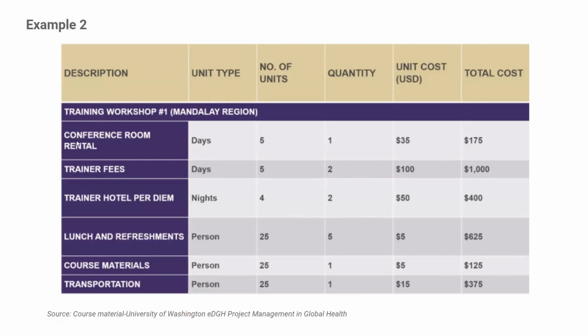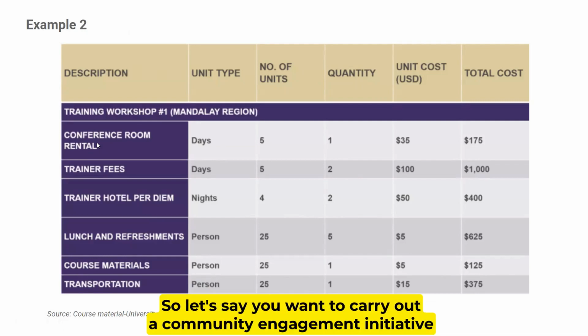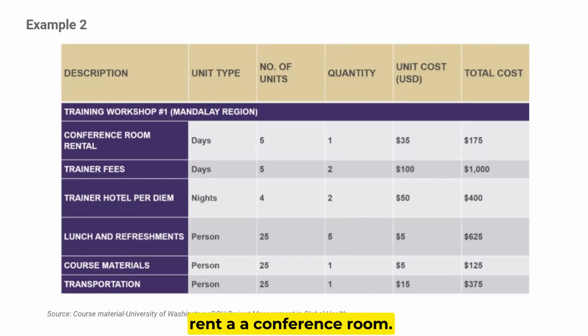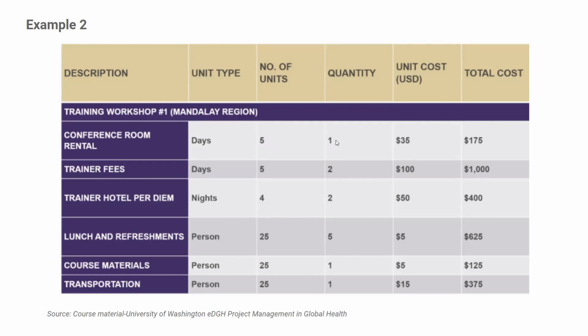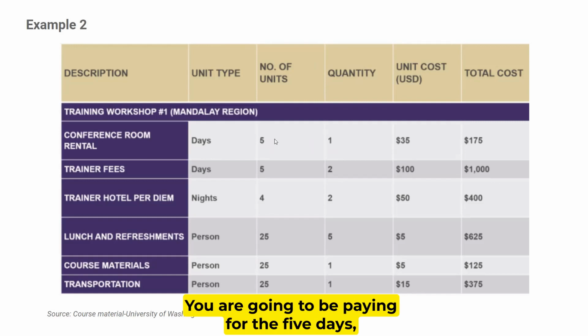So conference room rental. So let's say you want to carry out a community engagement initiative and you want to rent a conference room. So the unit type is days. How many days now? Number of units, 5 days. So for 5 days you will be having one conference room. So that means you are going to be paying for the 5 days.